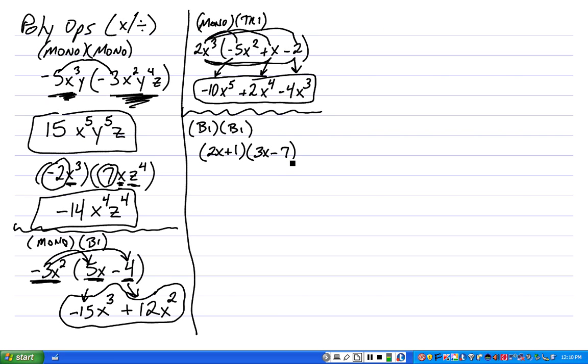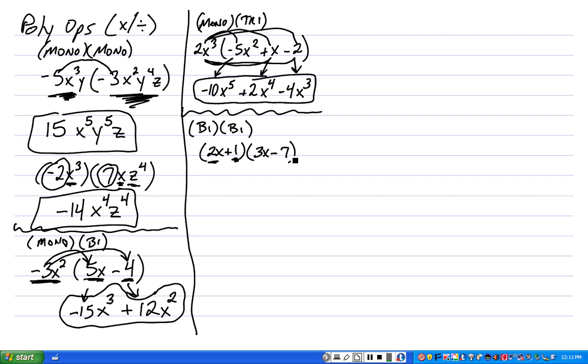Alright, binomial times another binomial. Here's what we want to do. It's called horizontal multiplication. You're going to take each individual term in the first polynomial, in this case it's a binomial, and multiply it by the entire second polynomial.